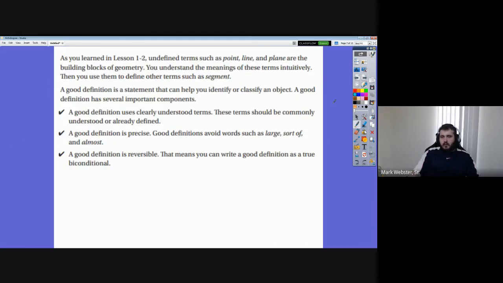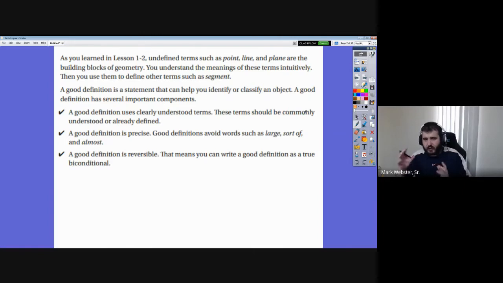So now let's get into talking about definitions. When we're talking about a definition, we have to be talking about something that can be written as a good and proper biconditional. Definitions should be clear.